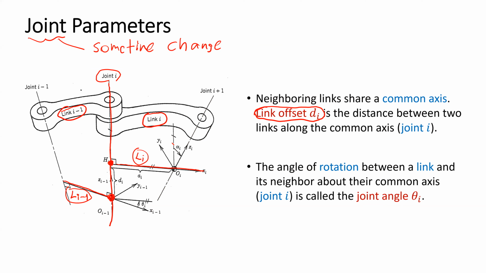The link I is the mutual perpendicular between joint I and joint I plus 1.